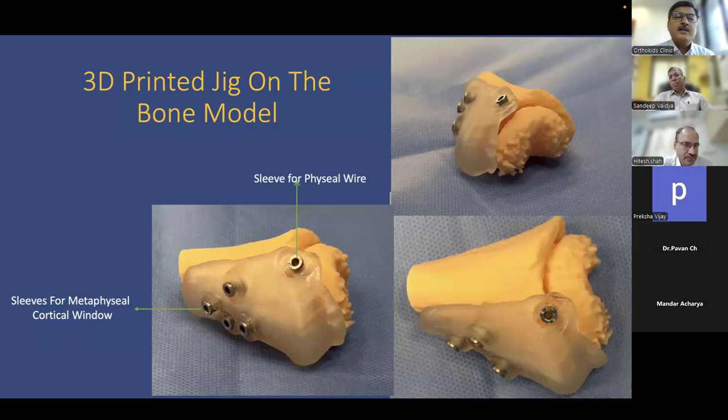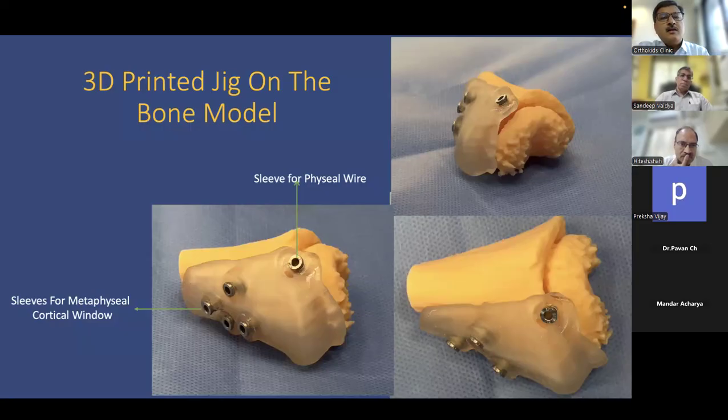So, Sandeep, based on the MRI, the 3D engineer can make the physeal volume and the exact size, and then on that model they can calculate the angles. They ask from which side you want to go, and as it is nearer to the medial side, we said we'll go from the medial side.